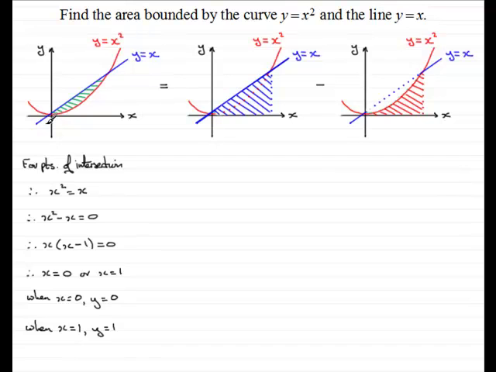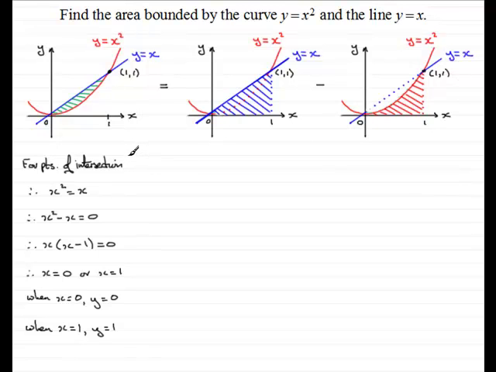Let's put them on the graph. When x is 0, y is 0, so it goes through the origin, and this point of intersection here has coordinates 1, 1. So this point below here is 1. We can update this diagram: that's the origin, that's 1, and this point here is 1, 1. The same applies to this diagram over here. I've updated the diagrams.